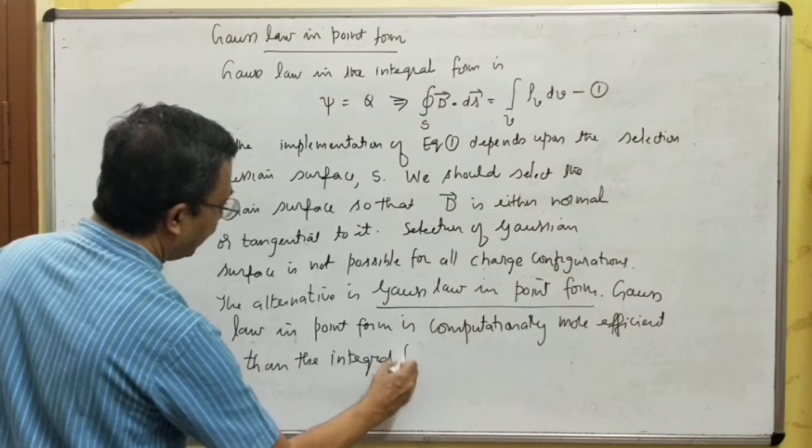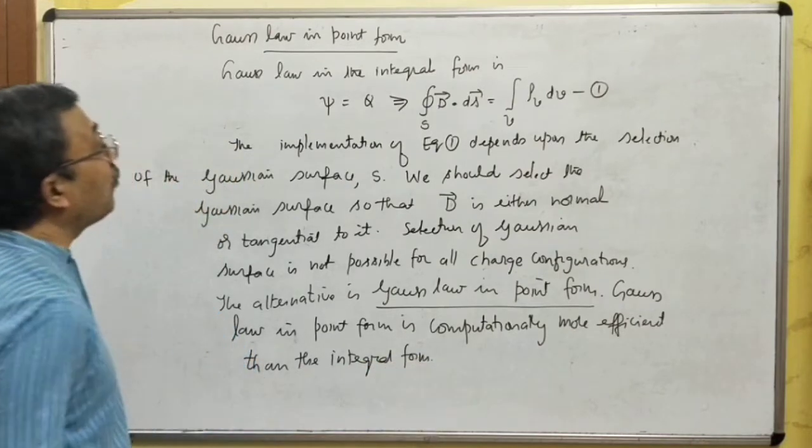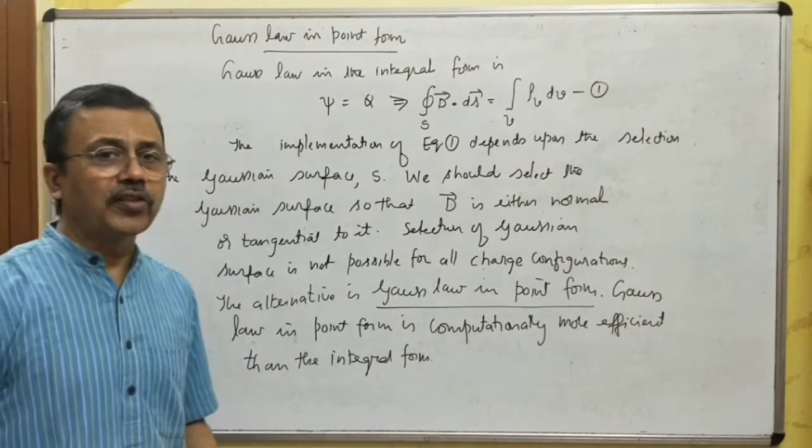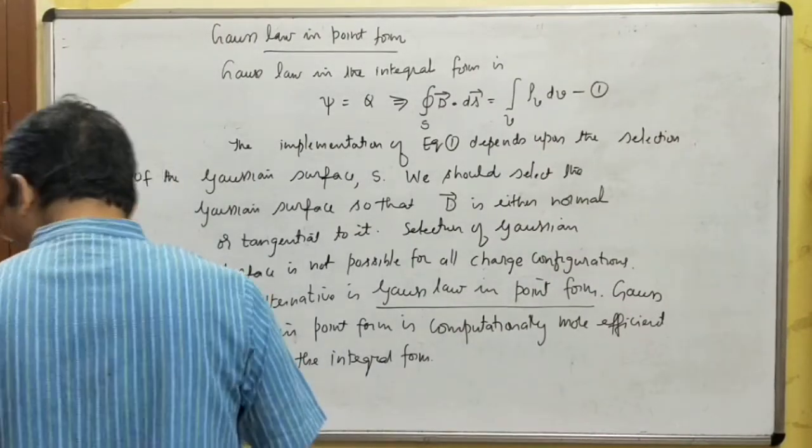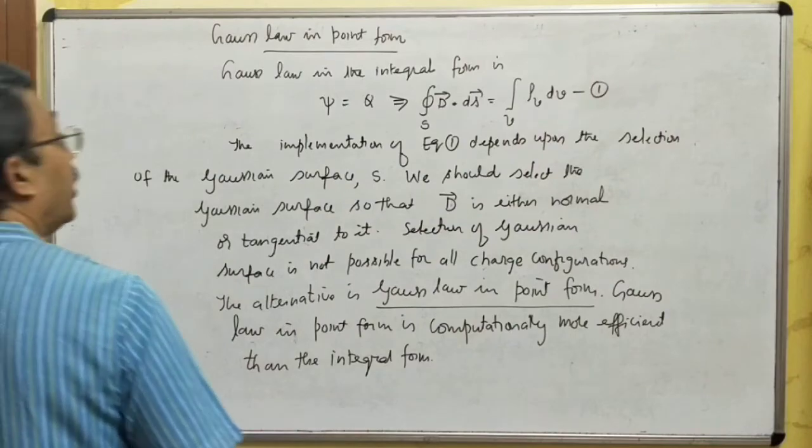This is an advantage. Drawback of integral form is selection of Gaussian surface for all configurations. It's not possible. Now I'll go to Gauss law in point form.